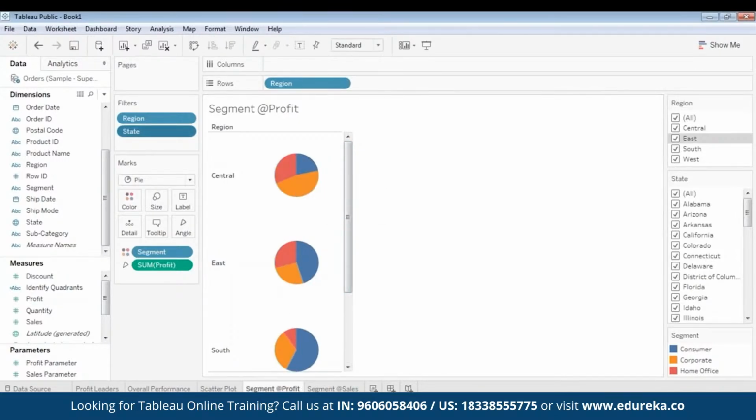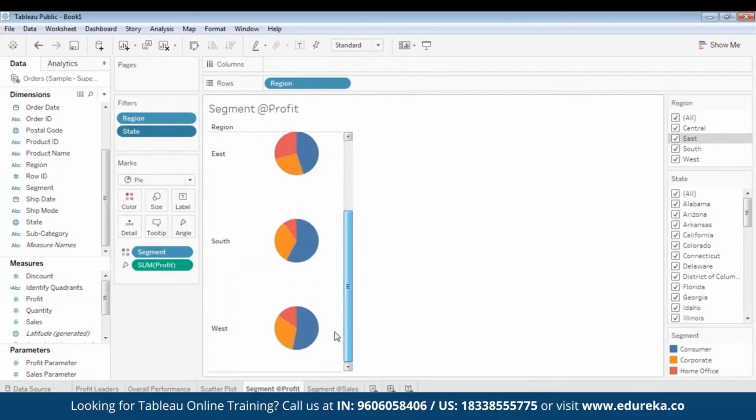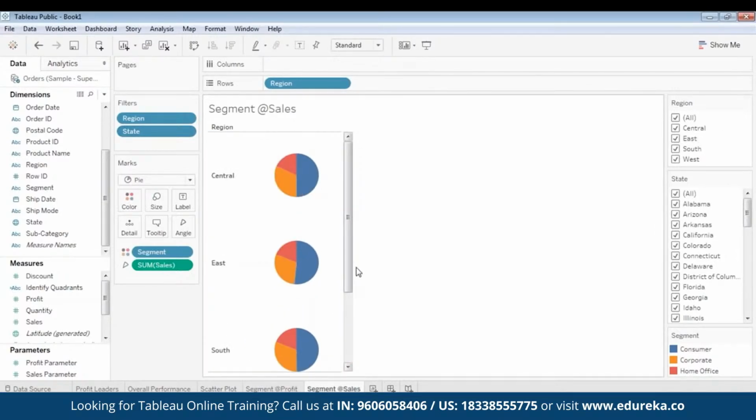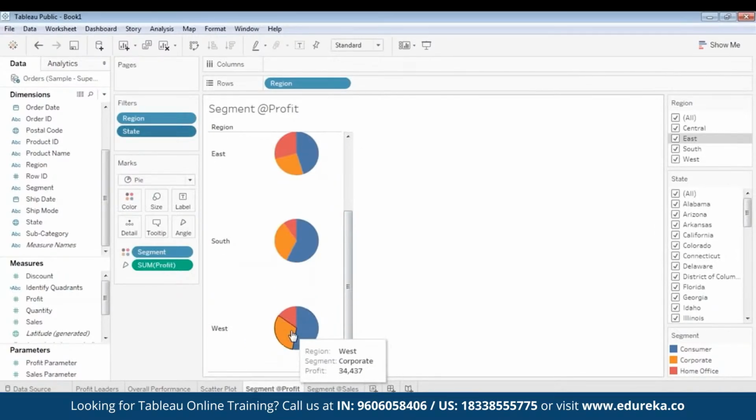So what do we make out of this data, guys? The profit in central region is more in corporate, but if we check sales, consumer has more sales. So let's say if they increase their sales in corporate in central region, the profit will also increase, right? Similarly, if you see in west, their profit and sales are matching, right?